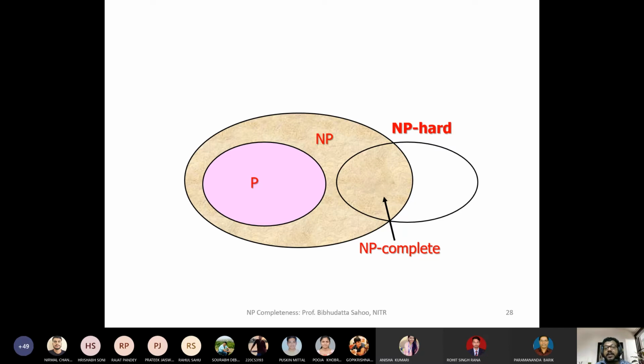The first diagram says this whole is the problem space, out of which a few problems have a polynomial time algorithm. So if you look into the first two circles, you can say P complement. Looking into the whole problem space, a few have the polynomial time algorithm; they belong to the family P, the rest is NP. Clear? This is the distinction between P and NP.